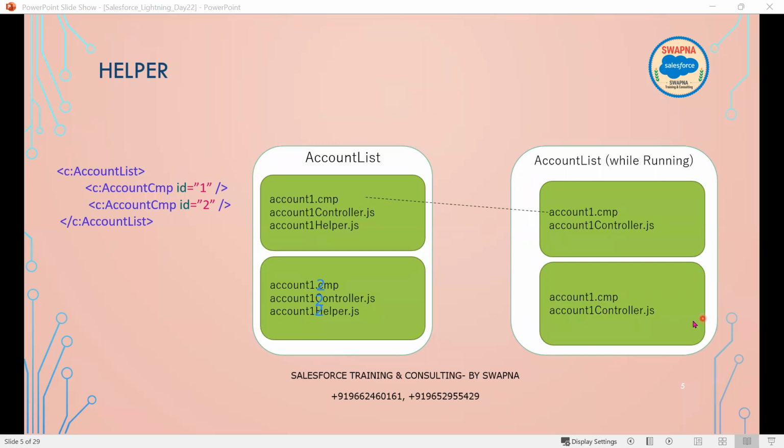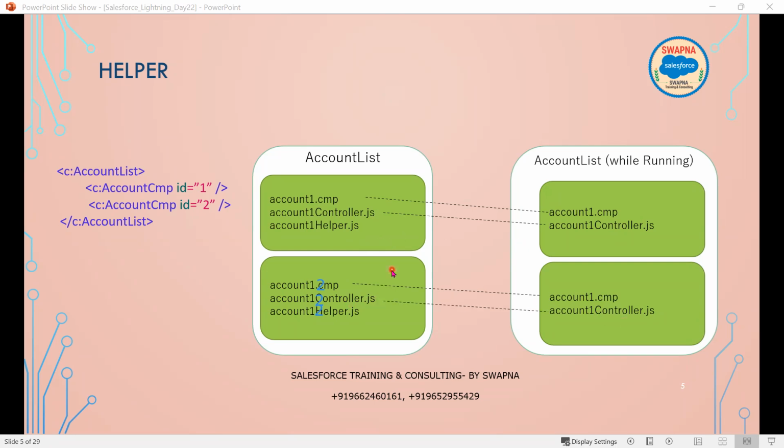While running, the framework creates an instance of the controller. That means it is creating an instance of the CMP and the JS, as well as for account2, an instance of account2 CMP and account2 controller.